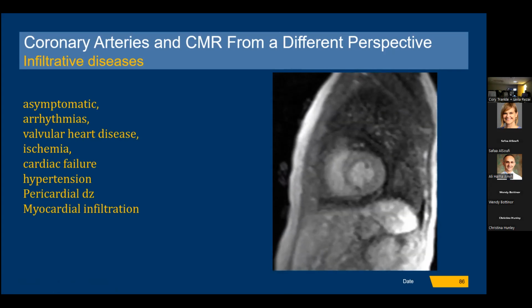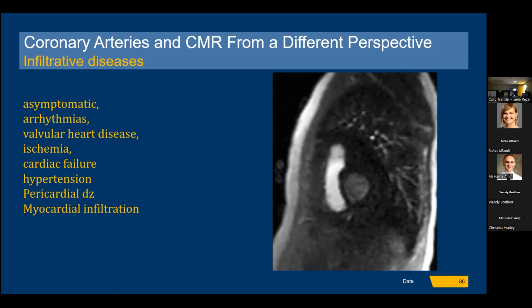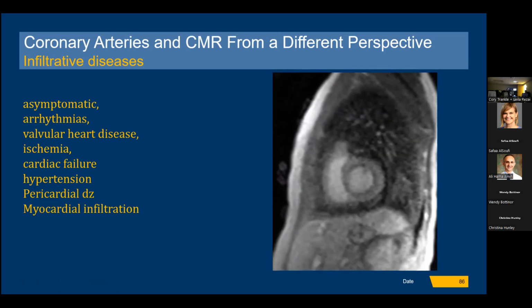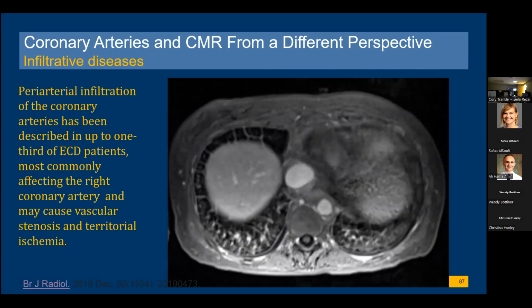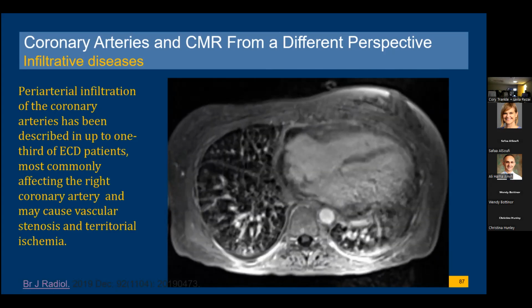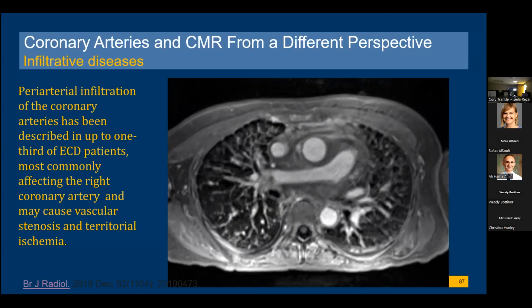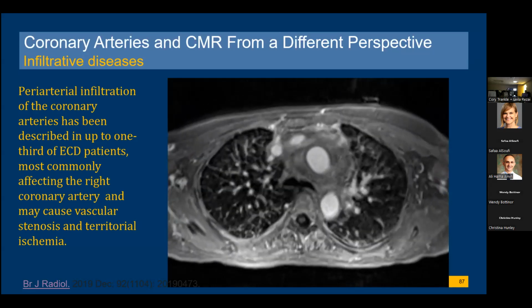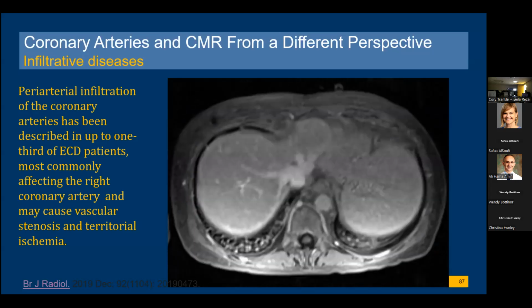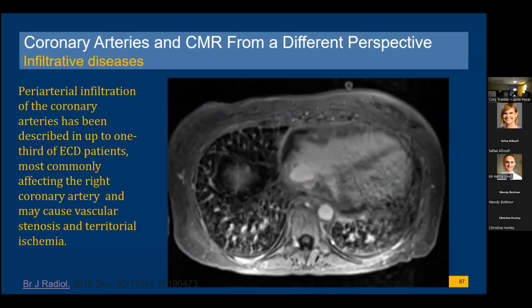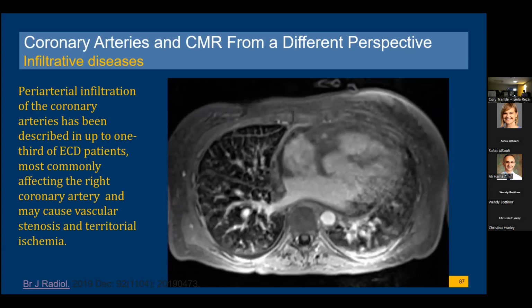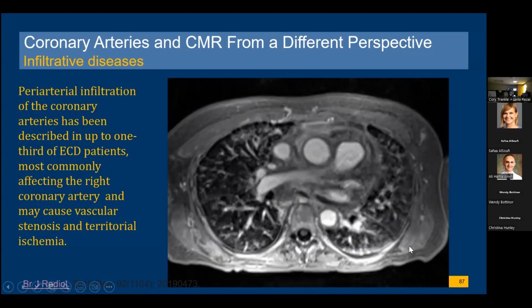Sometimes hypertension is blamed on kidney involvement and not really on the involvement of the heart. And there is myocardial infiltration. Periarterial infiltration of the coronaries can happen in Erdheim-Chester, and it can cause vascular stenosis and territorial ischemia in some cases.